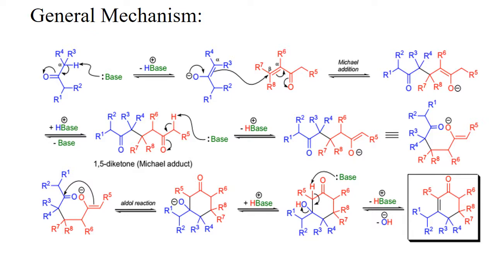So we can say the product of Robinson annulation reaction must contain cyclohexenone ring system. If both of the reactants are acyclic, then product contain just one cyclohexenone ring system.